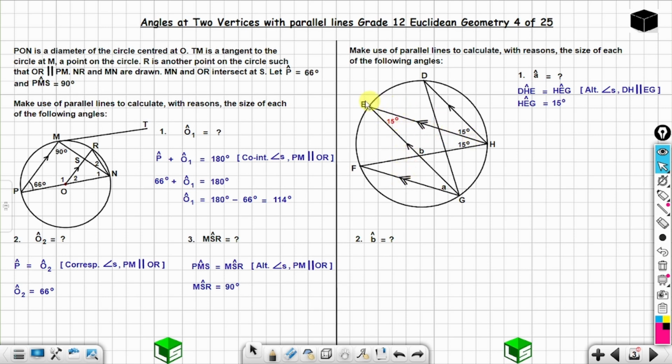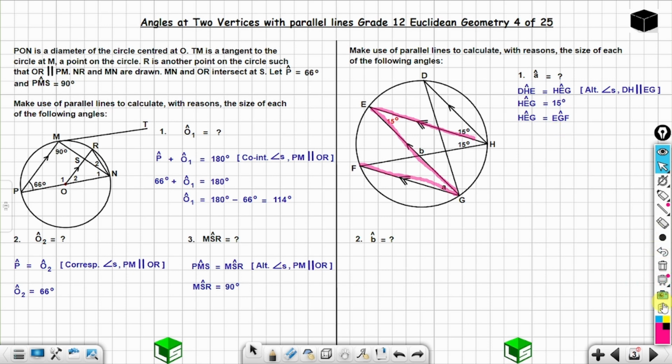Let me show you. You are going to have your Z or N. Can you see? Because this line is parallel to this line, I can use this angle to get A. So the angle HEG, which is this angle, is equal to the angle EGF.